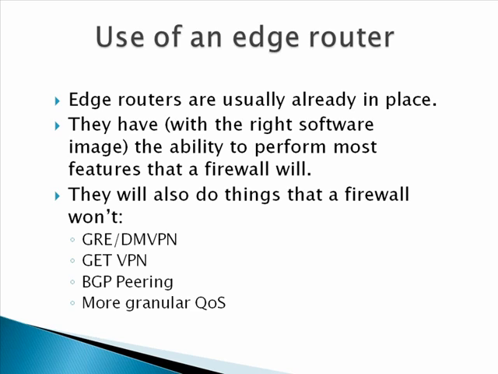Can't do BGP peering, which can be huge for an edge device. And they don't have all the granular QoS that a router has. So it may be that you want all these features in place, but you want to do some filtering as well. All of these things feed into why you might want to use a router instead of a firewall at the edge of your network.